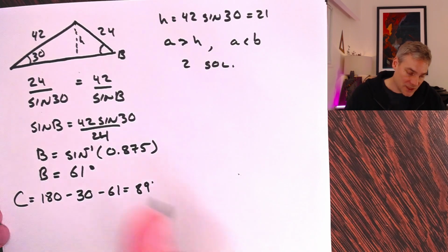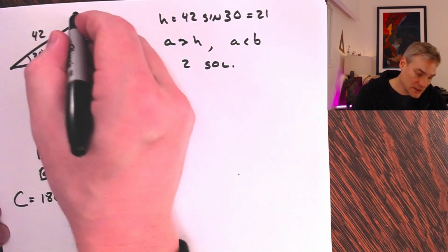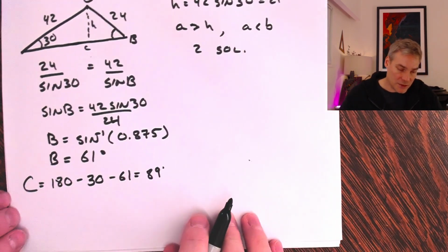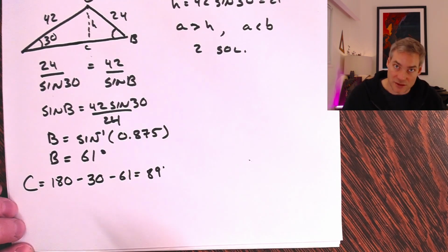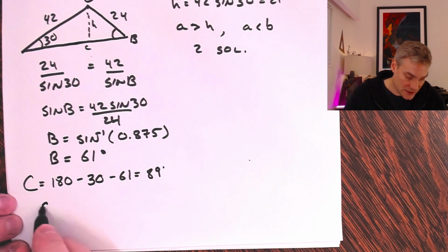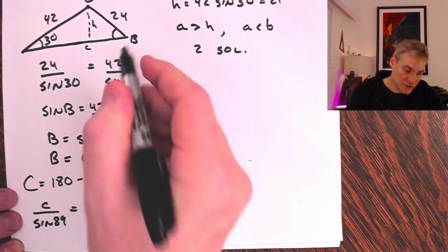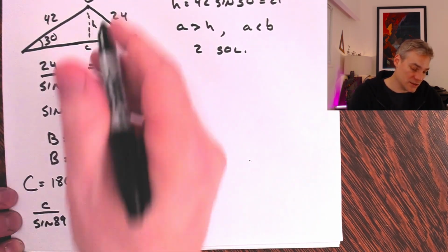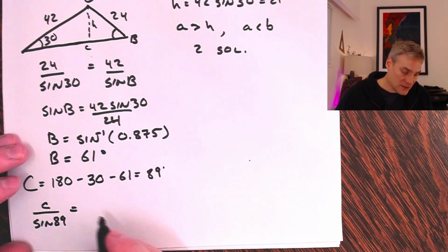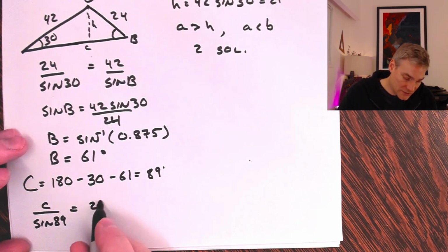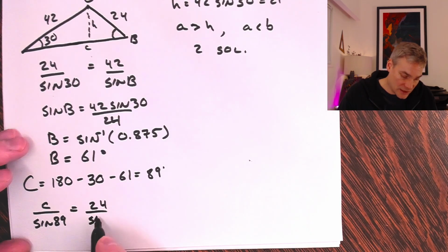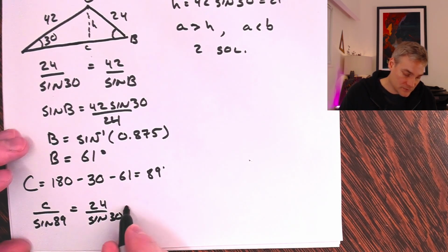So then if I wanted to find side C, this is that. So now what I would do is I'd say, well, I can just do the sine law again. So now I have C over the sine of 89, and that equals, I can use B or I can use A. Let's use A. So that equals 24 over sine 30.